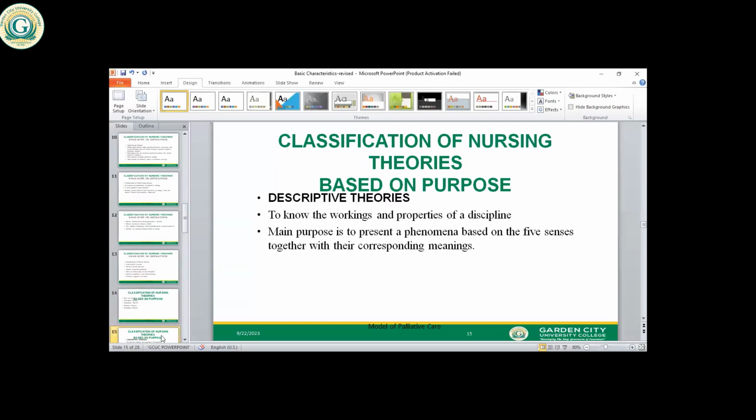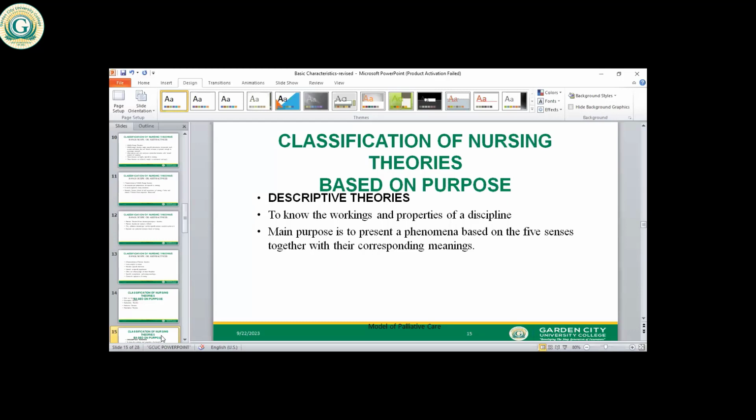Descriptive theories. The main purpose of descriptive theories is that they present a phenomenon based on the 5 senses together with their corresponding meanings. And then descriptive theories help to know the workings and properties of the discipline.